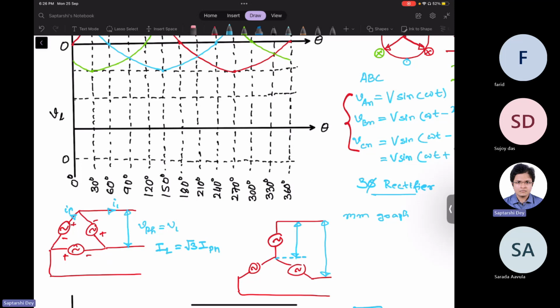So they are not the same. So line voltage RMS equals √3 times phase voltage RMS.